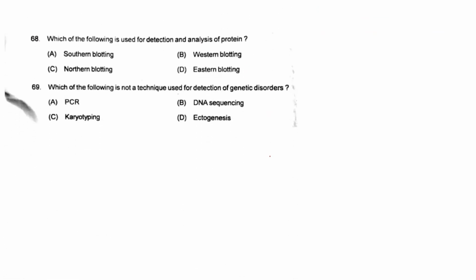Moving on to the next question. Question number 68. Which of the following is used for detection and analysis of proteins? Okay, options are Southern blotting. Southern blotting is used for DNA. Northern blotting is again used for RNA. Western blotting is used for detection of proteins.